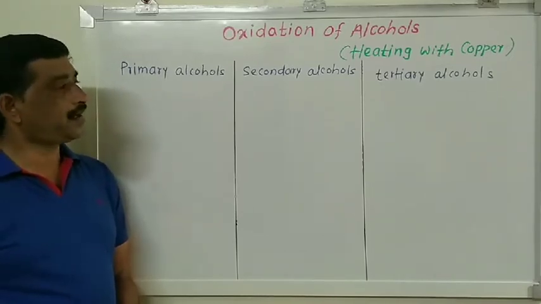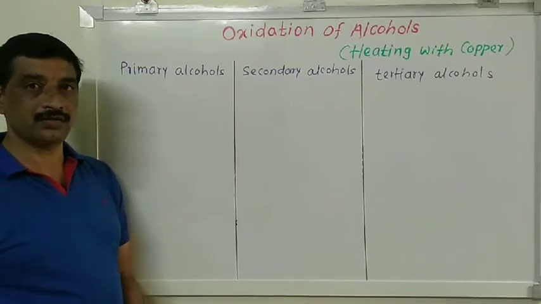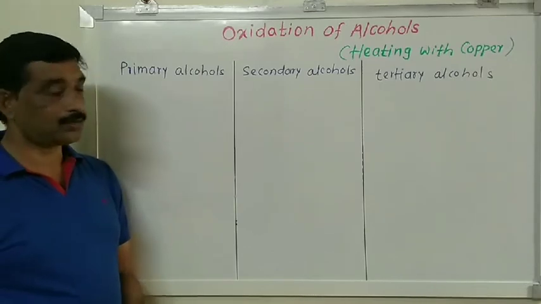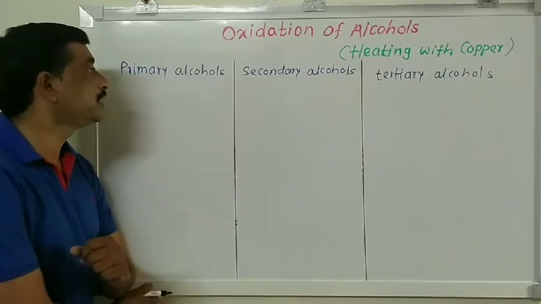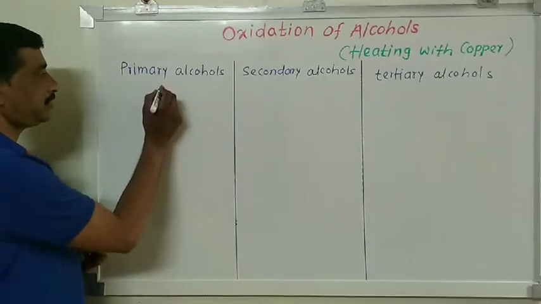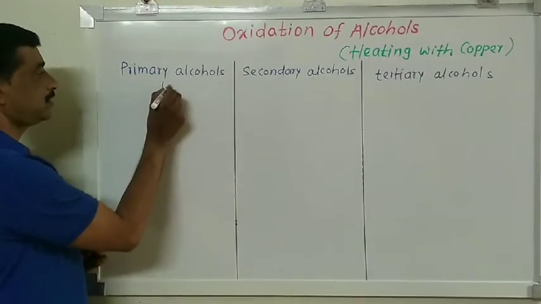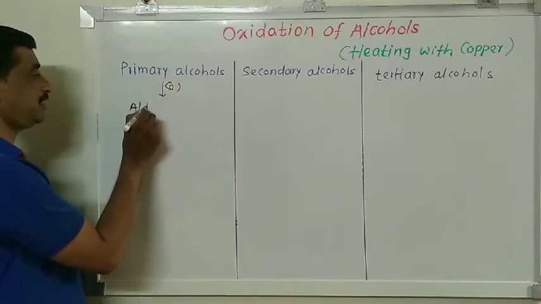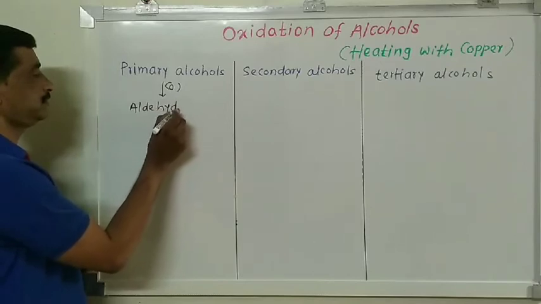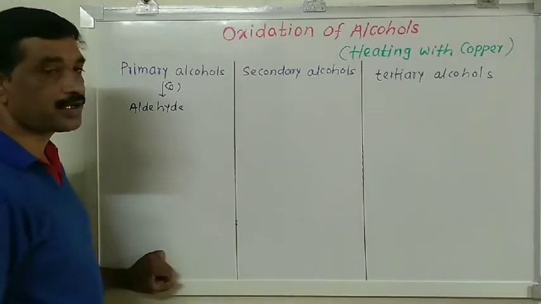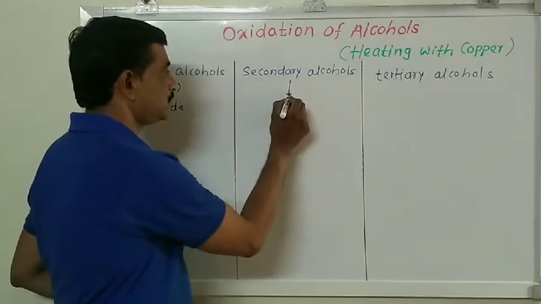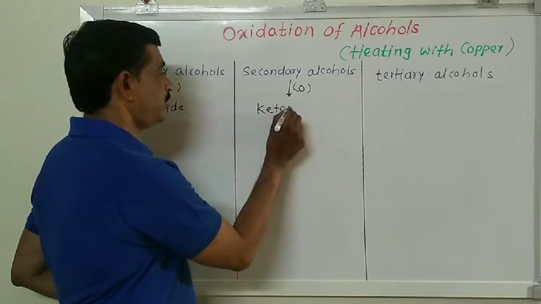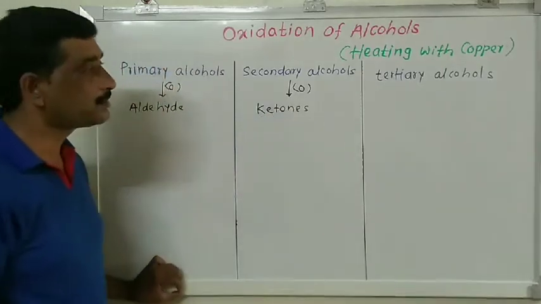Primary, secondary and tertiary alcohols all react with copper. When vapors of primary alcohol are passed over heated copper, they undergo oxidation and give the compound known as aldehyde. When the vapors of secondary alcohol are passed over heated copper, they give ketones.